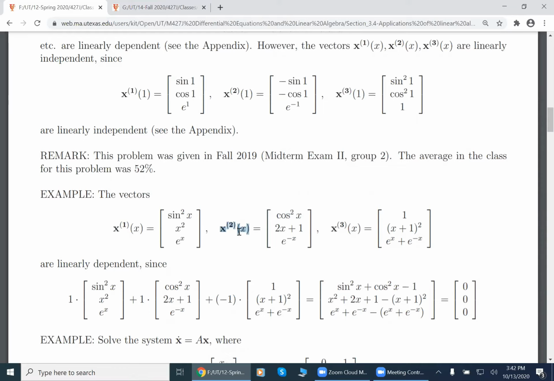Vectors are dependent. Now, on a test, if I give you several matrix columns, first look at identities. If you recognize identities everywhere, then matrix columns are dependent. It's exactly what we have here.